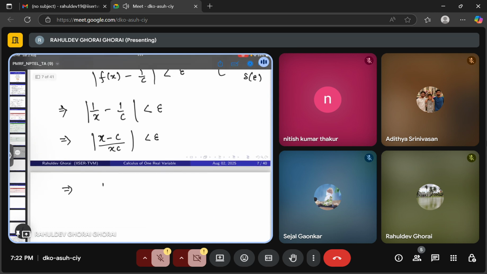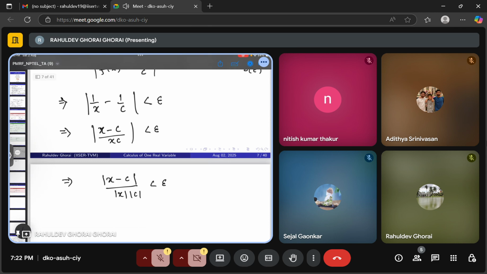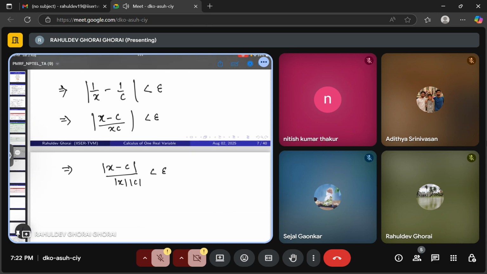And what is the meaning of that? |x - c| over |x| times |c| is less than epsilon. Right. So that implies |x - c| is less than |x||c| epsilon.